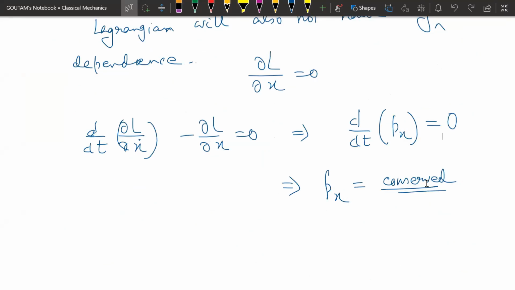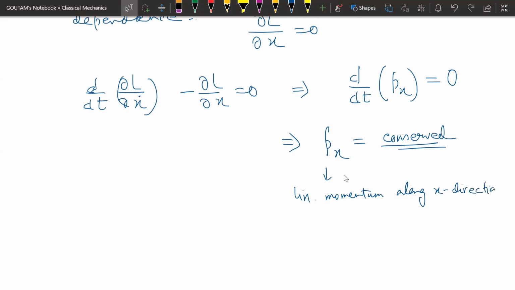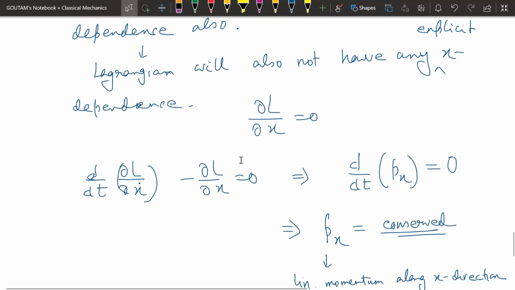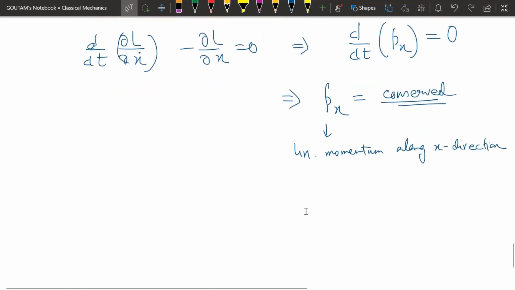So what we got here is, if the Lagrangian doesn't have any explicit x dependence, the linear momentum along the x direction is conserved, right? Now let's generalize this result.